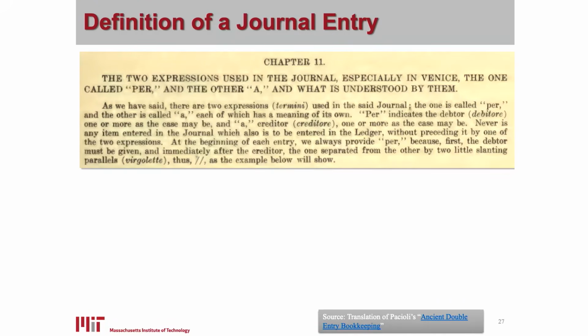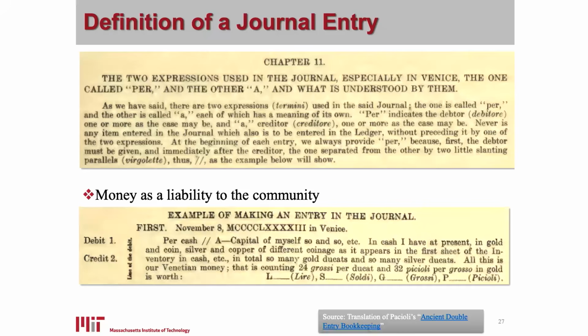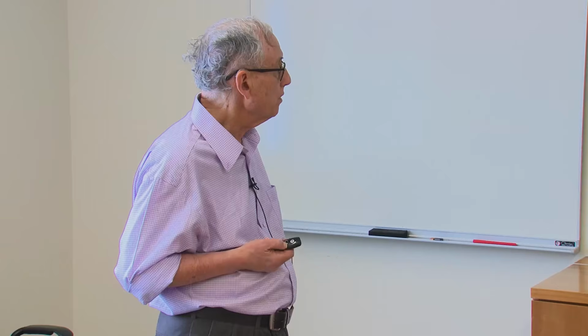Two expressions are used in the journal, especially in Venice, one called per and the other a. And what is understood by them: per indicates a debtor, and a is a creditor.